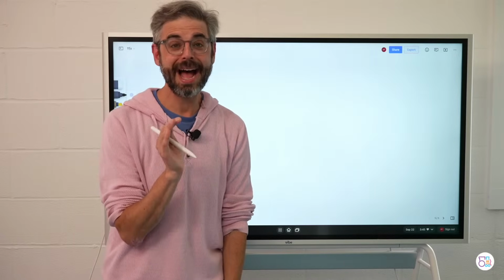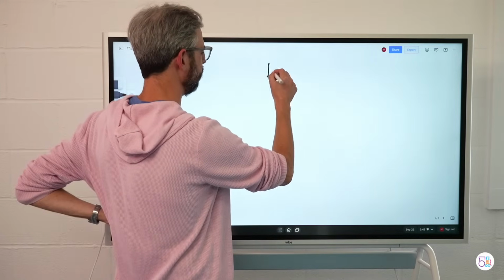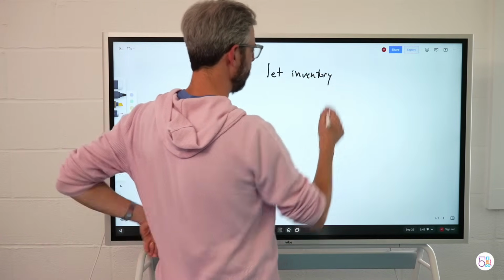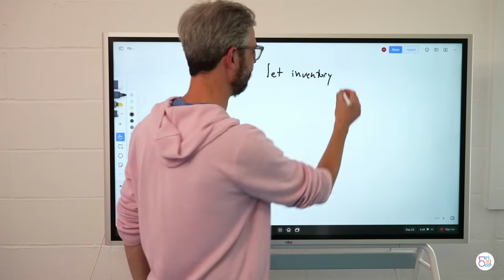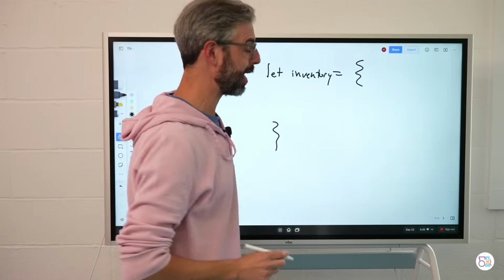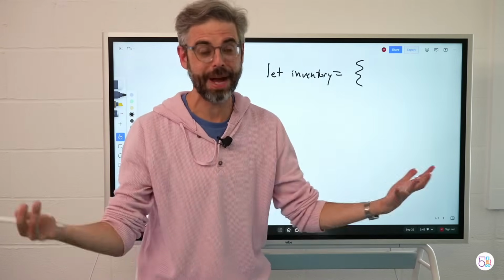Let's say I have an object in JavaScript that says inventory, curly bracket, close curly bracket. What is an object in JavaScript? It is a collection of key-value pairs.